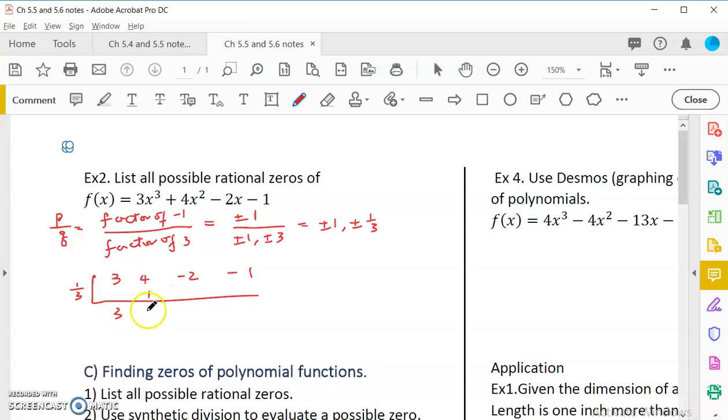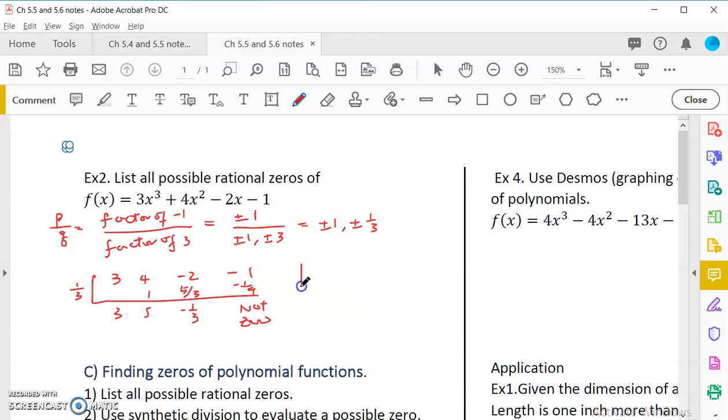You add it, so that would be equal to 5. 1/3 times 5 is 5 over 3. 5 over 3 plus negative 2 is negative 1/3. Negative 1/3 times 1/3 is negative 1/9. That is not 0, right? So that one is not a factor.